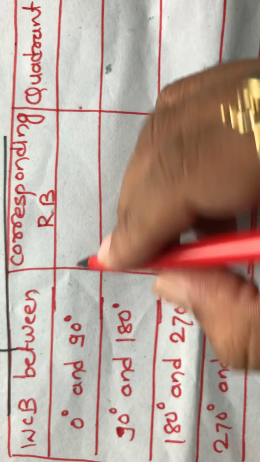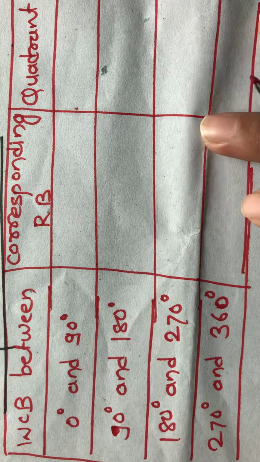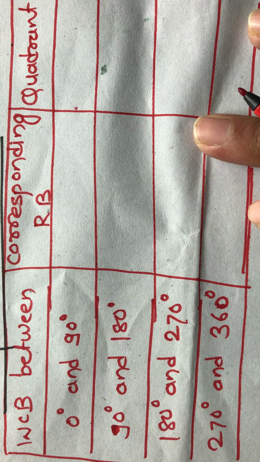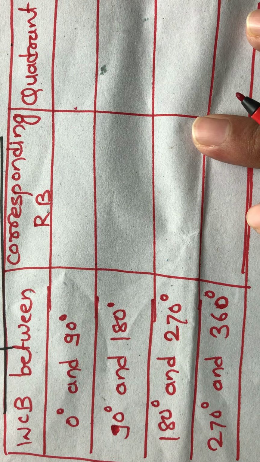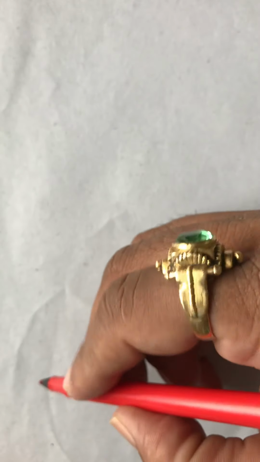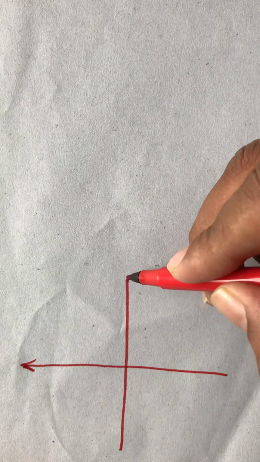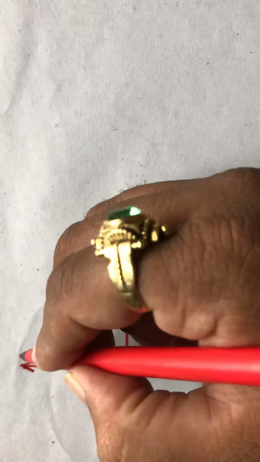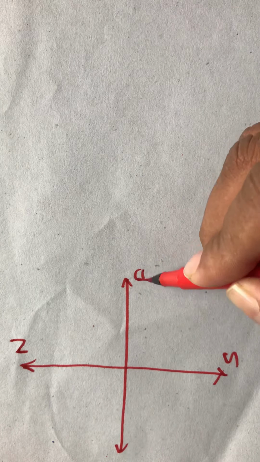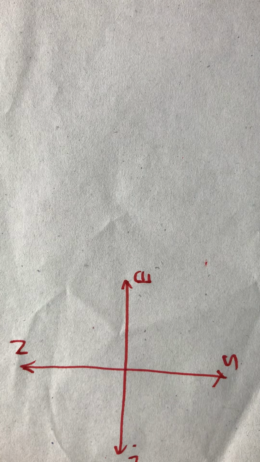So 0 to 90 degree whole circle bearing is simple. Also we'll draw a sketch, and we'll see that one. Suppose this is north, south, east, west. Also I will draw here.